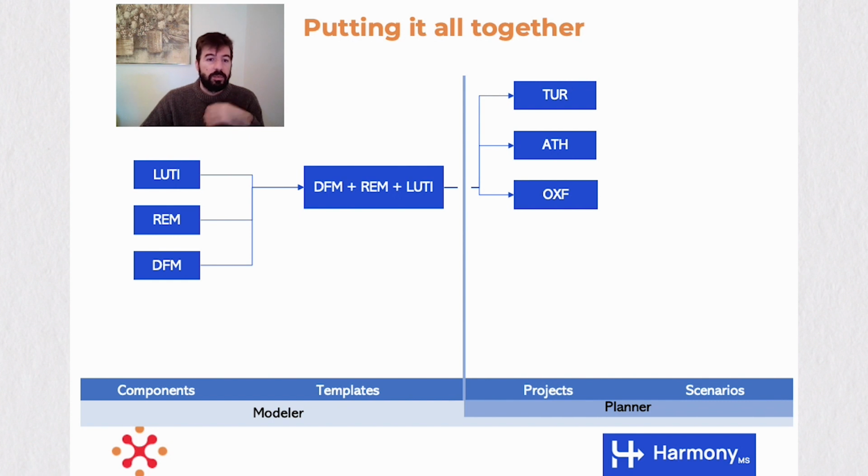For example, if you provide input data, supply and demand data, for instance, regarding Turin, you would create a Turin project of this particular template. If you provide data for Athens, you would create the Athenian project for this particular template. If you provide for Oxfordshire, you would create an Oxfordshire project using the same template.